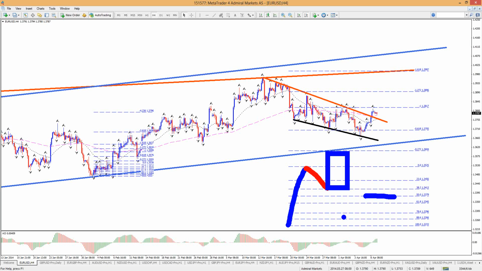Now, that's not the same when the 786 or the 886 get hit. This scenario is valid for 23.6 to 61.8. Okay, 23.6 to 61.8, we don't move the fibs. If price retraces deeper to the 78 or 886 fib, right? Let's take a look.